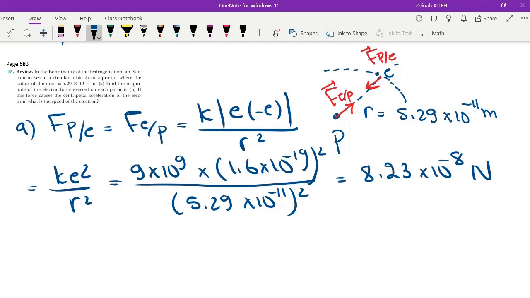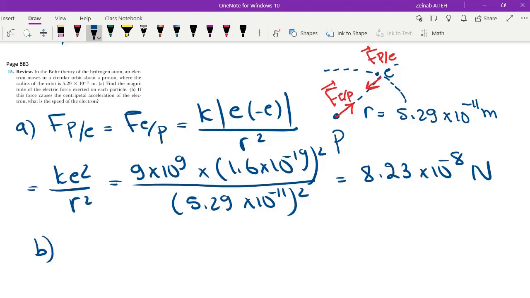Now let's find the speed of the electron. Because the electron is moving in a circular trajectory, according to Bohr, the centripetal forces are related to the centripetal acceleration or the normal acceleration. We all know there is no other force; the weight is not relevant because it is negligible in comparison with this force. It's negligible even if you calculate it.